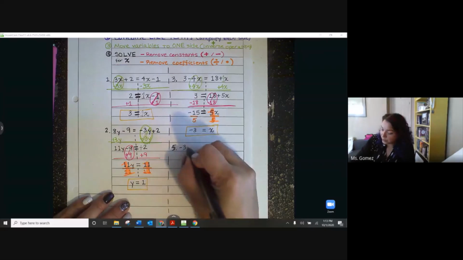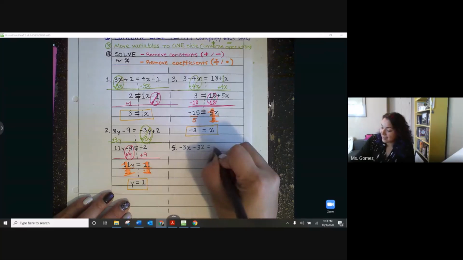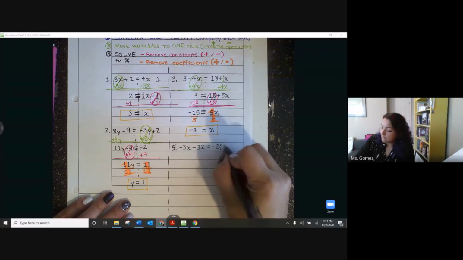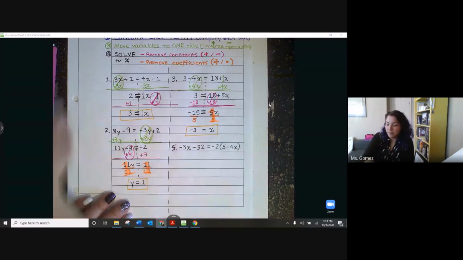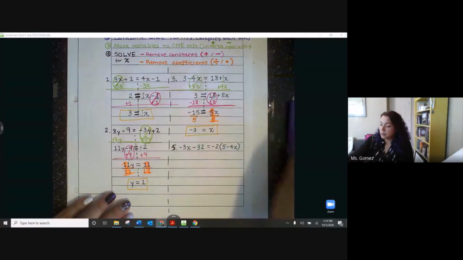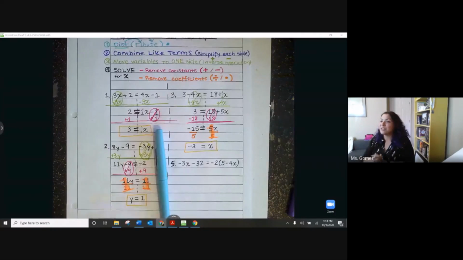So this one is negative 3x minus 32 equals negative 2 parentheses 5 minus 4x. All right. Let's move my colors over because I'm going to start blue. Do I need to distribute?